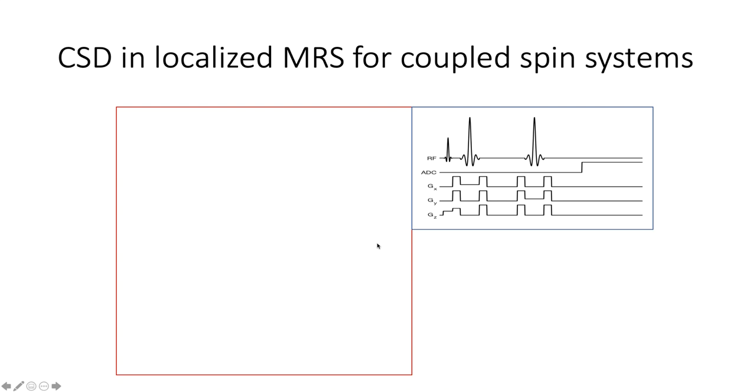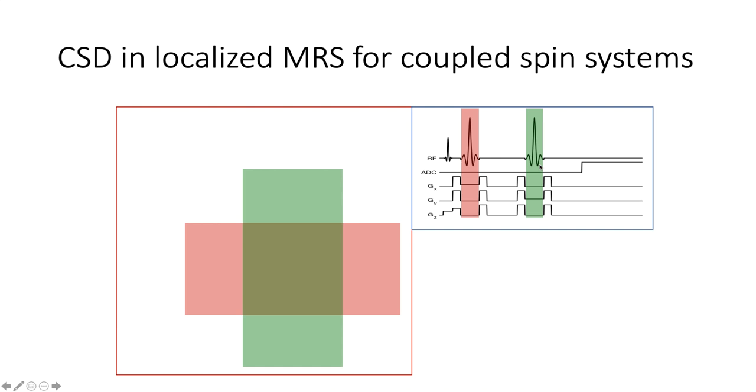In the case of a PRESS sequence, the situation is a little bit complicated. We have two refocusing pulses that are applied in different directions, and it's the intersection of these two refocusing pulse slices that gives us our region of interest.